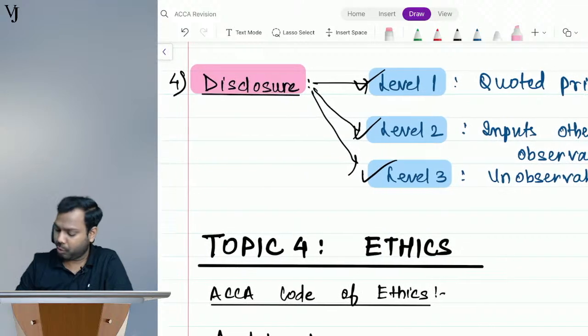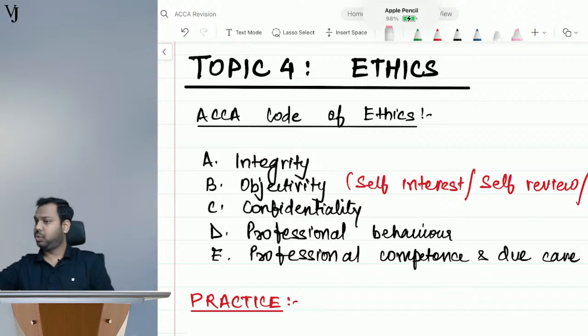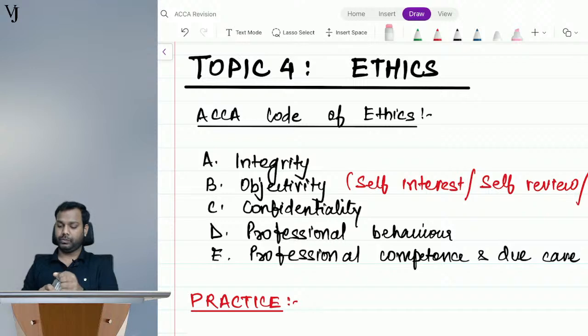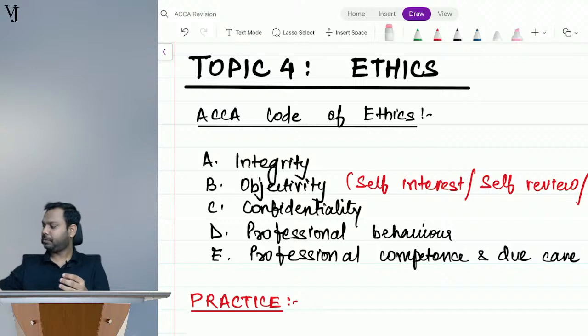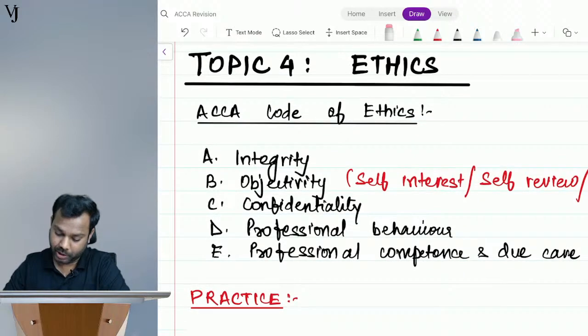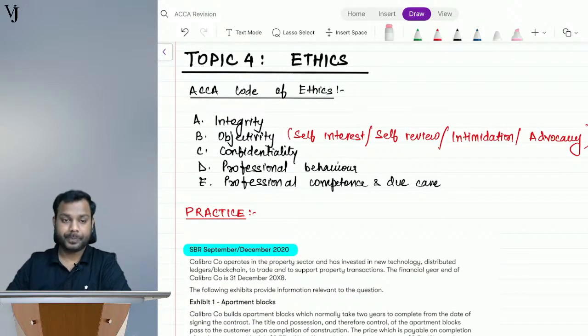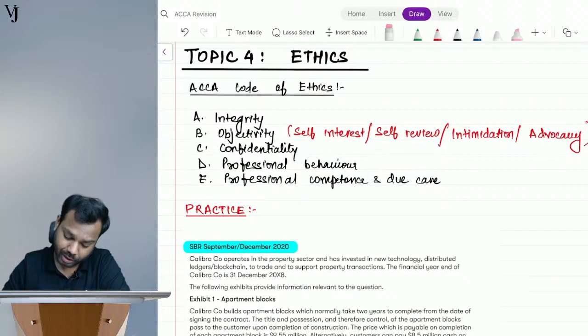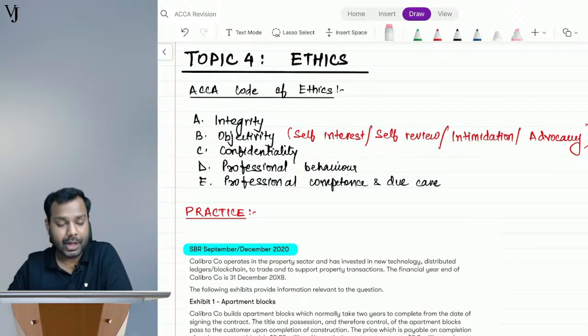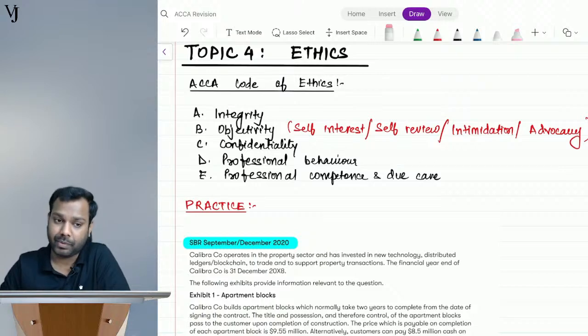Okay, guys. Now let's move on to topic number 4, ethics. Understand, guys, the ACCA Code of Ethics says that all professional accountants need to apply these 5 principles in their professional life.